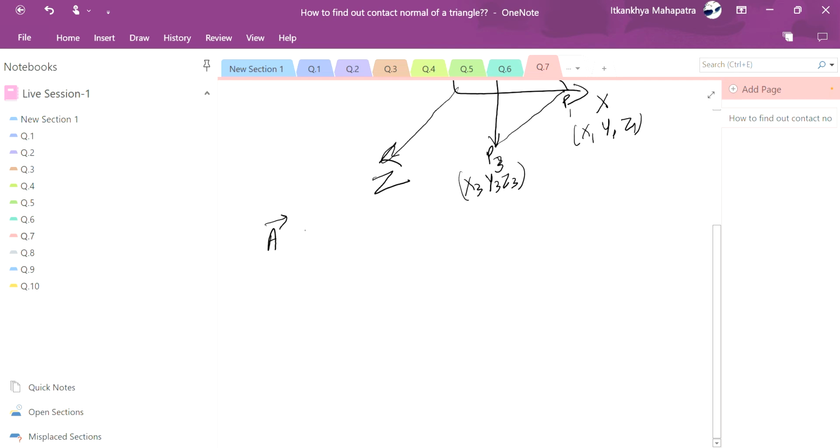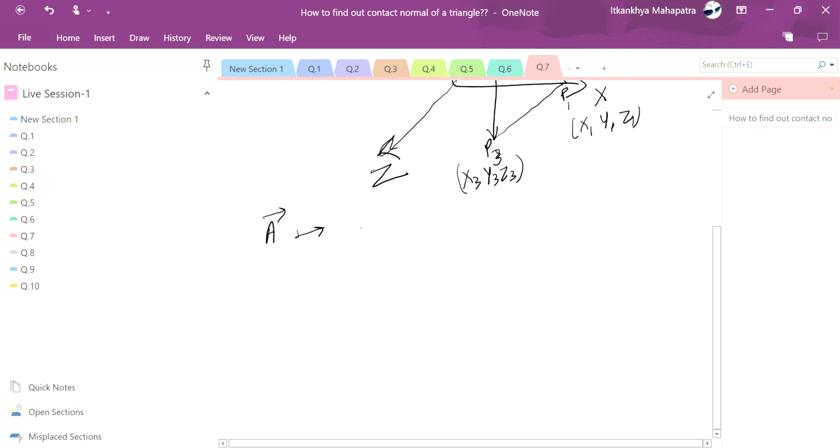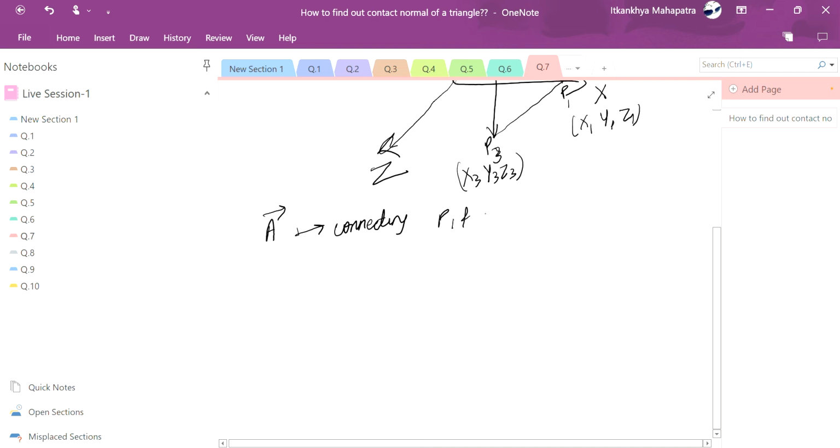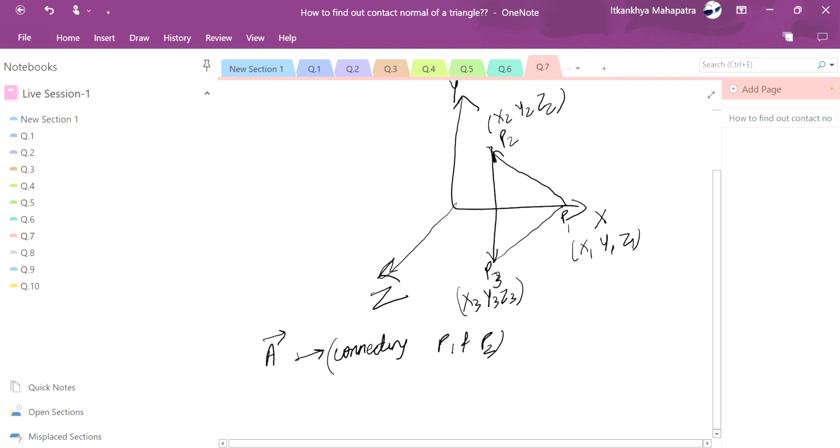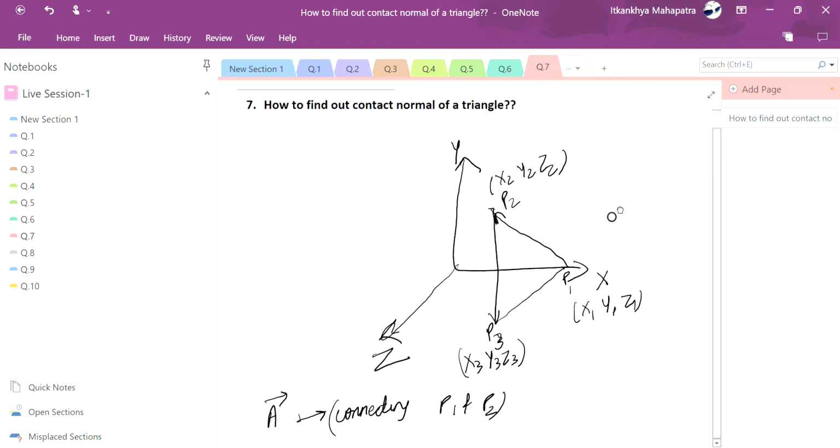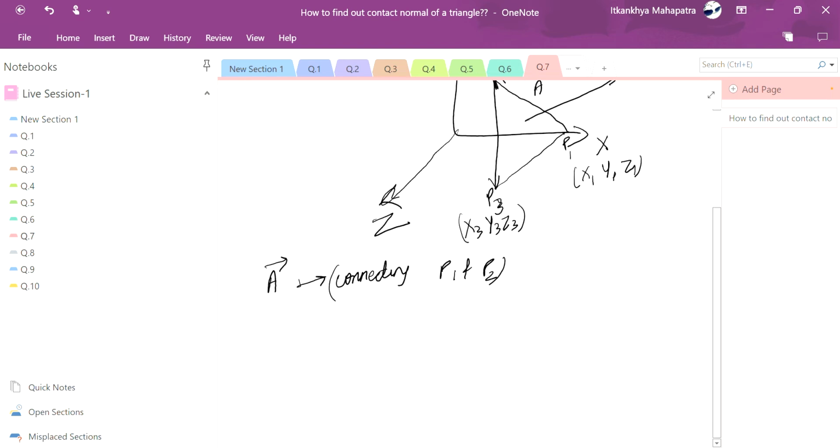A vector connecting P1 and P2. So this will be over here. And the contact normal, as already said by someone, is the n cap, the outward contact normal.